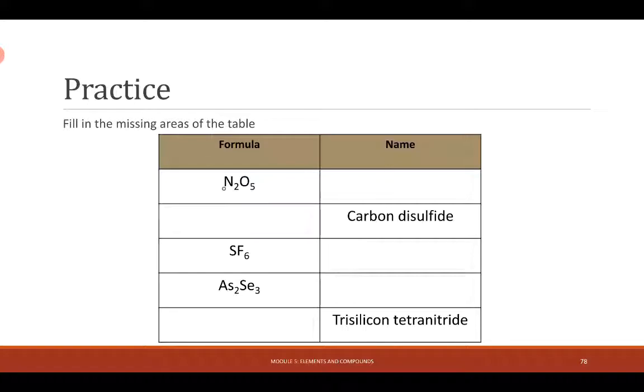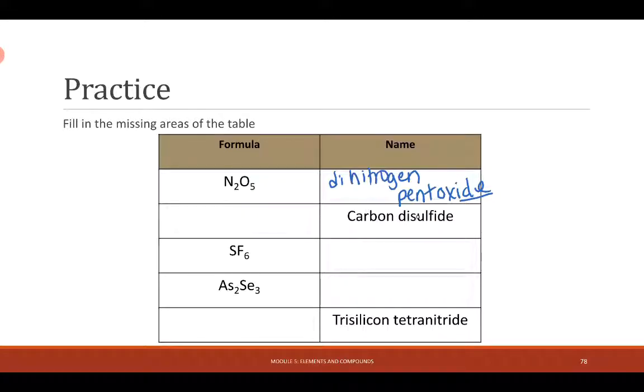All right, let's go over this. This has nitrogen listed first, and so that is 2 nitrogen, so that's dinitrogen. No suffix change there. That's pentoxide. The second word does get an "ide" ending.